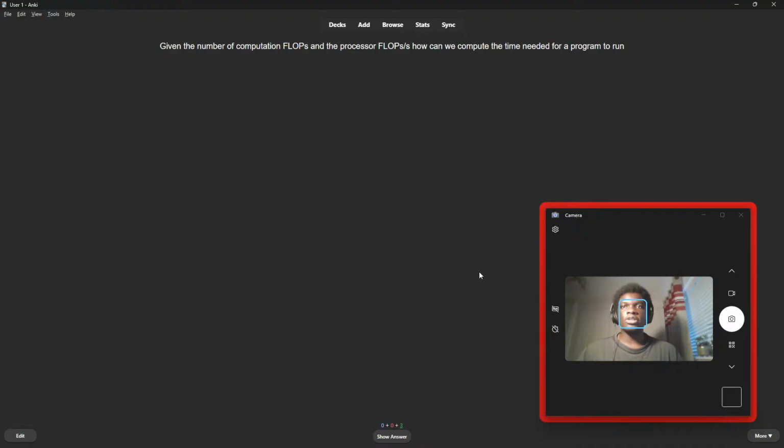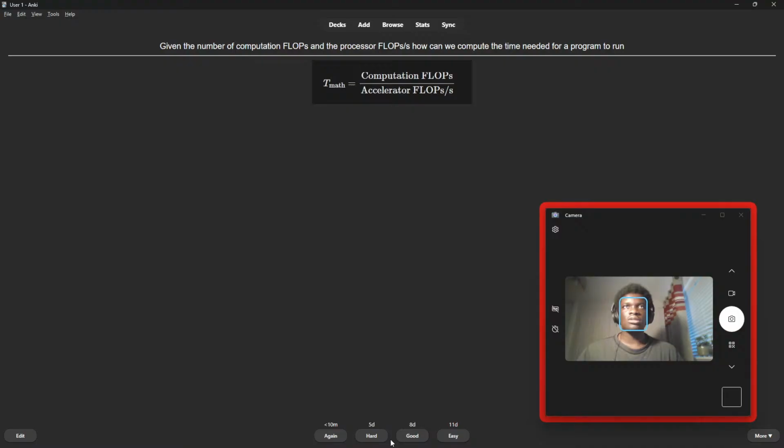Given the number of computation flops and processor flops, how can we compute the time needed for a program to run? Okay, so it's just computation flops divided by processor flops per second.